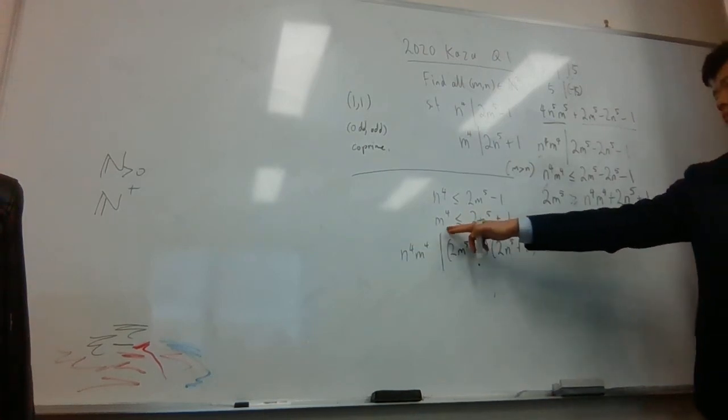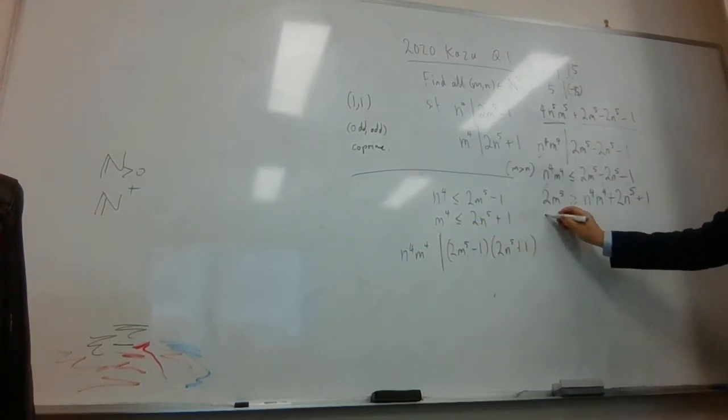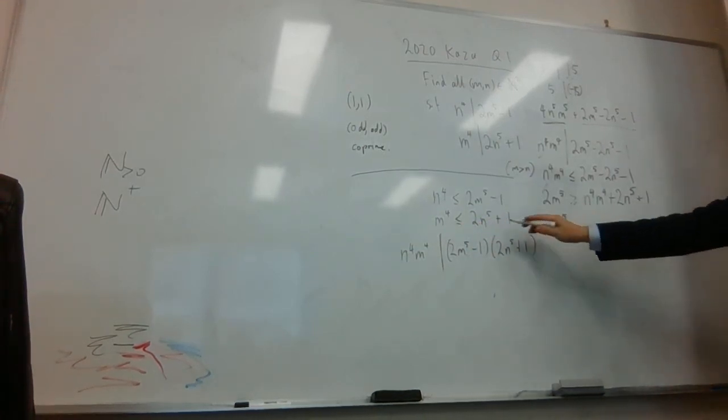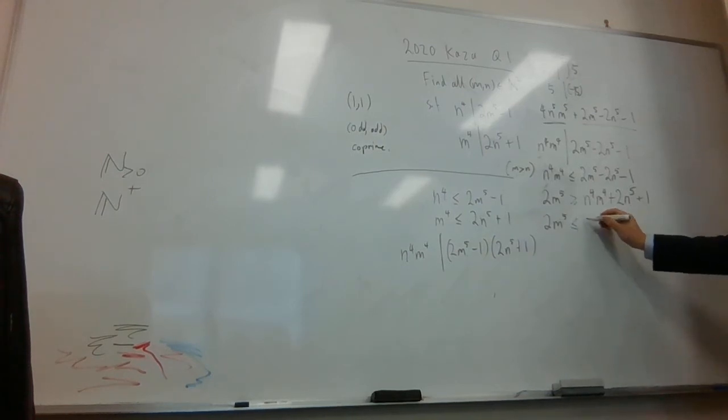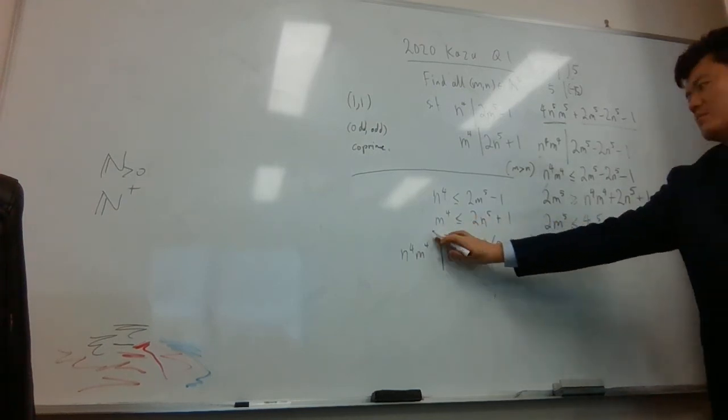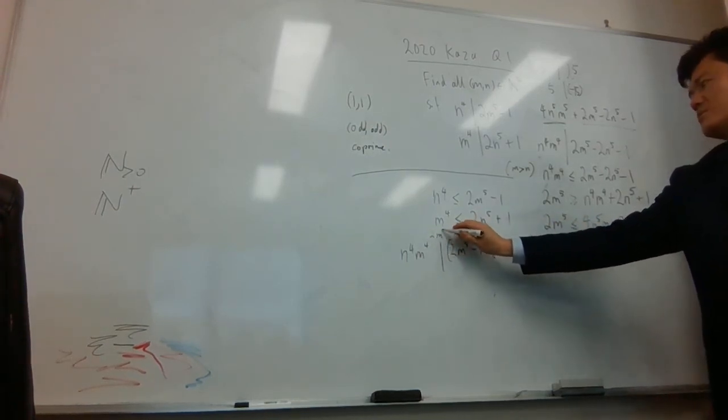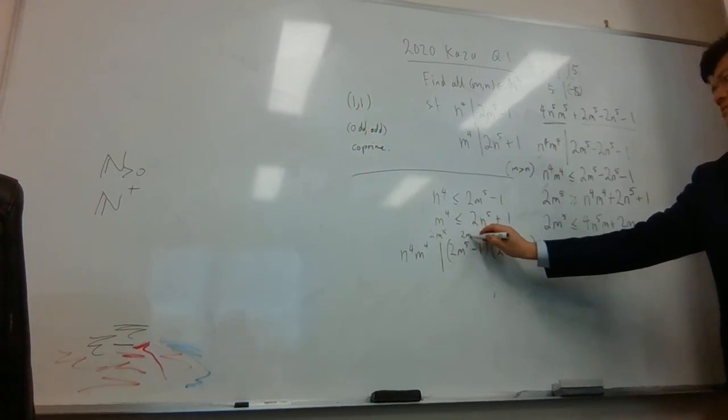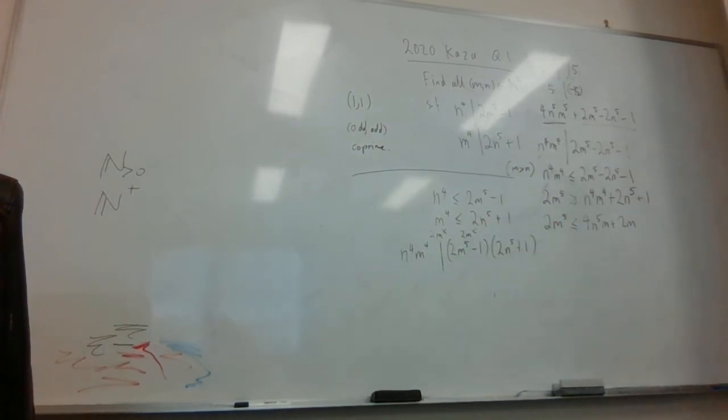And then from here, though, we already know that this 2m to the 5 is less than or equal to 4n to the 5m plus 2m, right? I just times this by 2m, 2 times 2m to both sides. I guess you might call this an algebra way of solving a number theory problem.